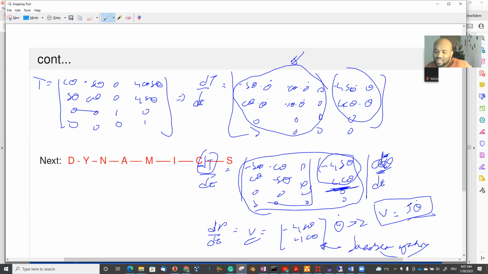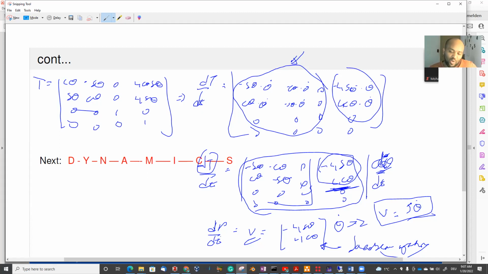If somebody asks you to define a Jacobian matrix, you could say a Jacobian matrix is a time independent variable that maps the rotational velocity to the linear velocity. Something like this could be okay.